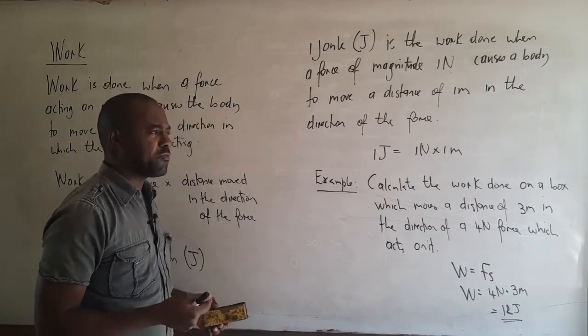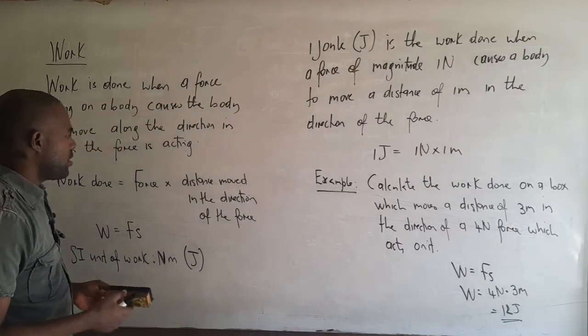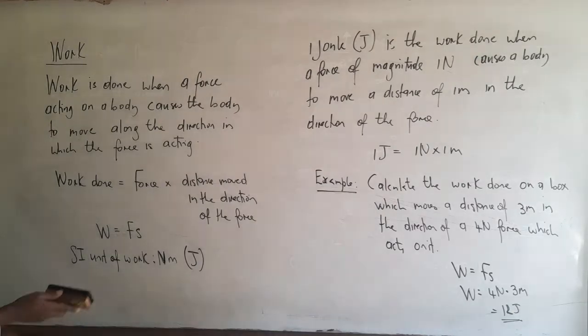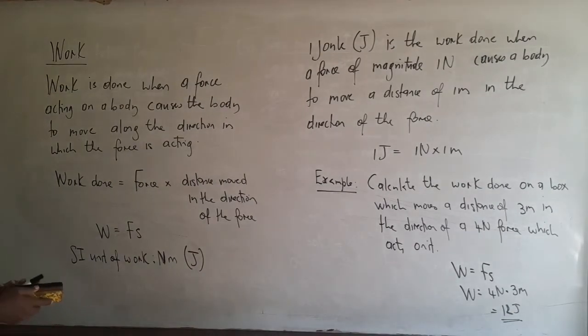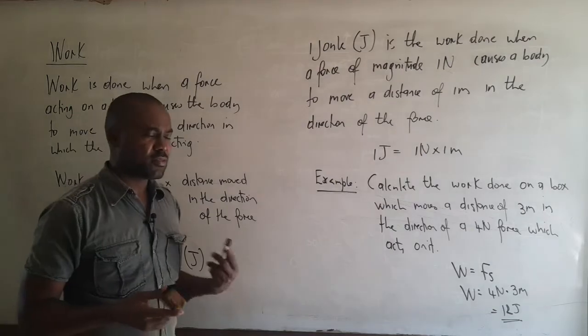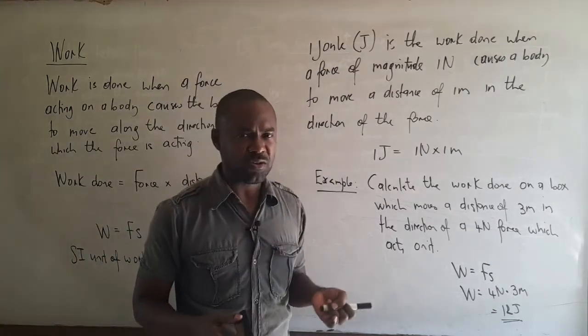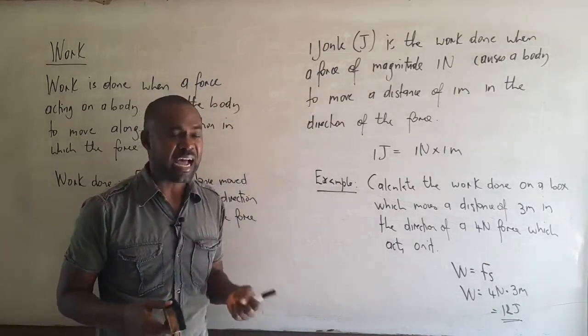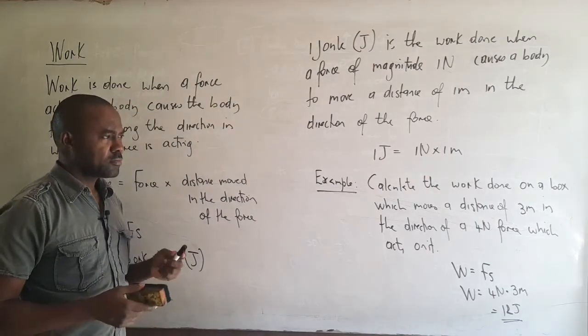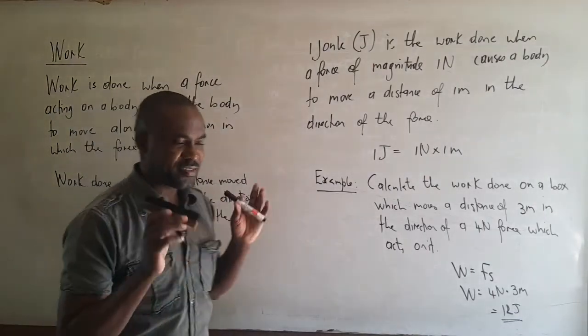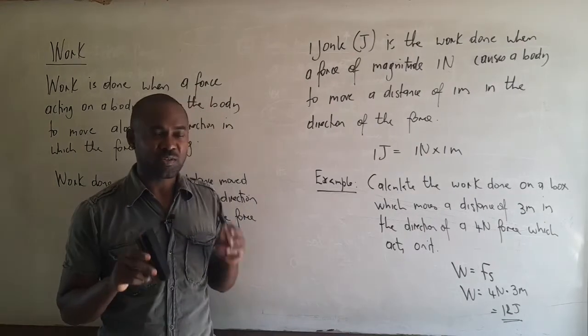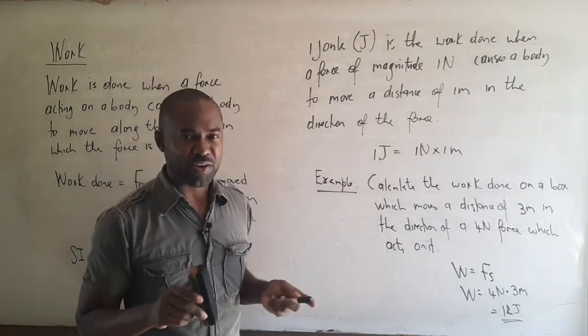Now, what type of quantity is work? Work is actually a scalar quantity, right? So work is a scalar quantity, which means that work has only magnitude but no direction, right?